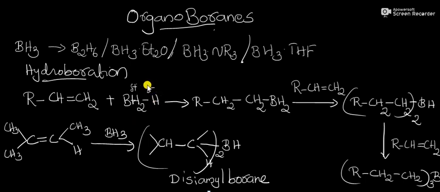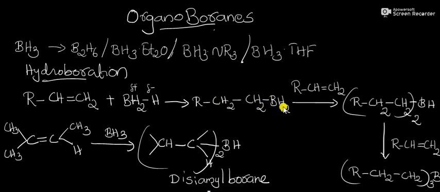According to Markovnikov's rule, the positive part goes to the carbon having more hydrogen atoms. So the BH2 part, the positive part, goes to this carbon and the negative part goes to this carbon. Then we get RCH2CH2BH2.